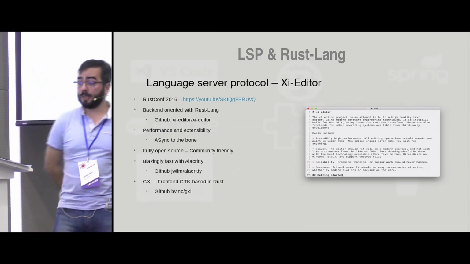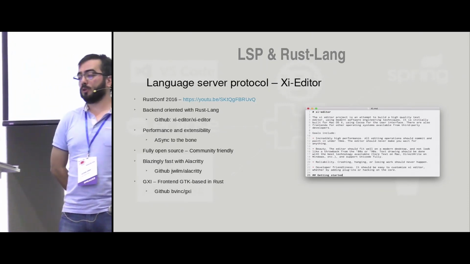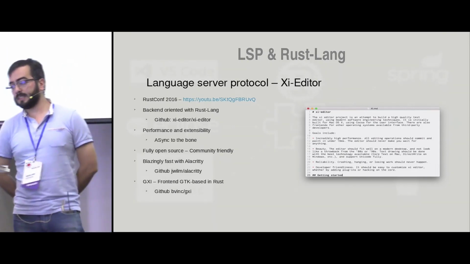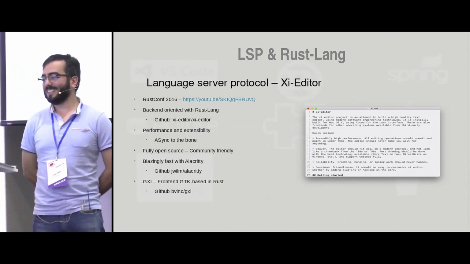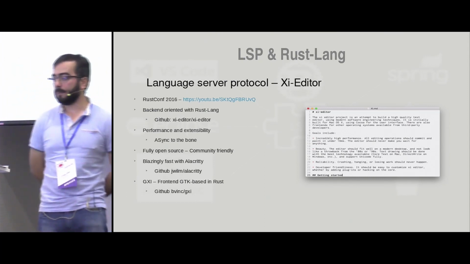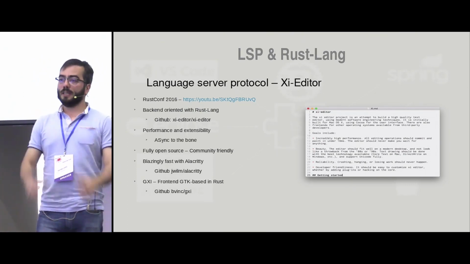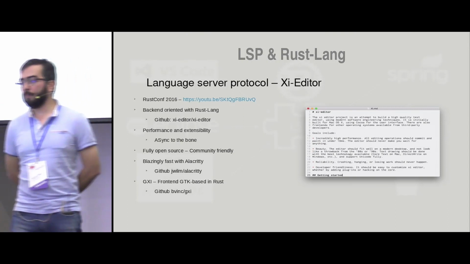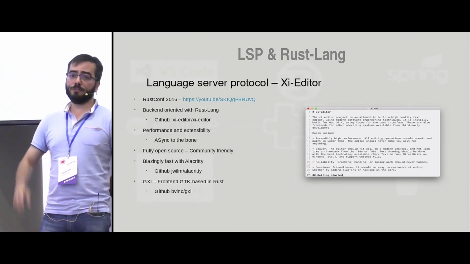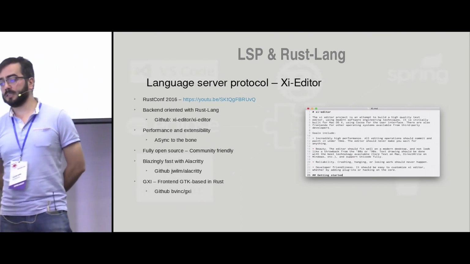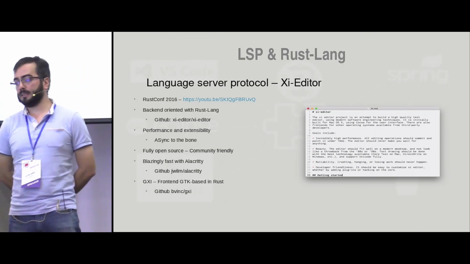Here we have one implementation in Rust that's very good. They presented this at the Rust conference of 2016. It's called Xi. I really like it because I'm a big fan of Vi, so somehow it matches the name. It's fully implemented in Rust, and they only implemented the backend. It's somehow supported by Google and open source as well. And they have one very strong pillar, which is performance. So everything is asynchronous on the base of this particular backend.